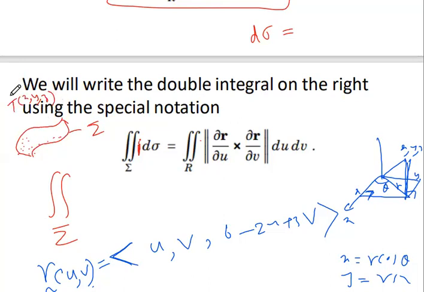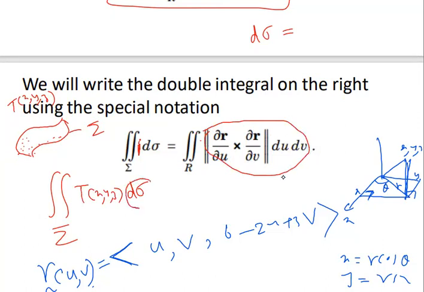If you are asked to find the average temperature over this surface, then you have to compute this double integral. How do you compute it? You have this identity: d sigma is equal to the magnitude of the normal vector times dA.